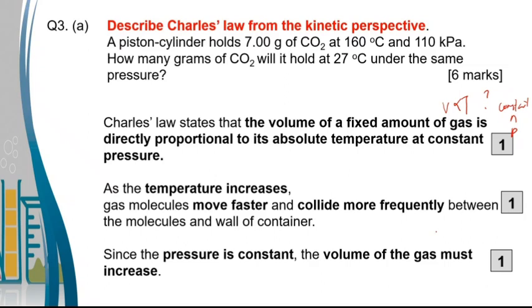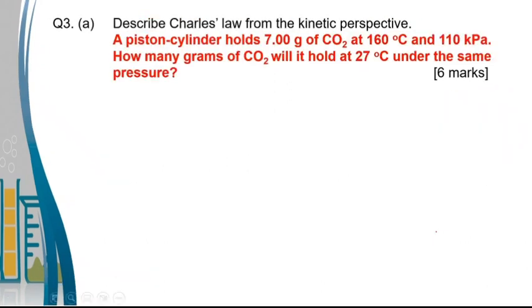Okay, we then look at the calculation part. A piston cylinder holds 7 grams of carbon dioxide at 160 degrees Celsius and 110 kilopascal.